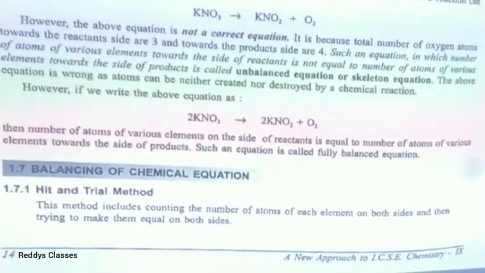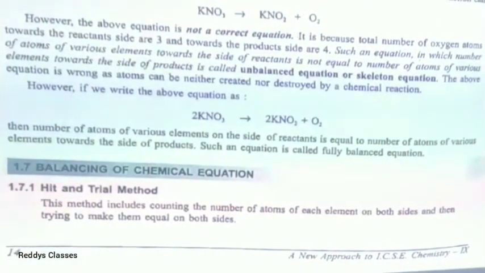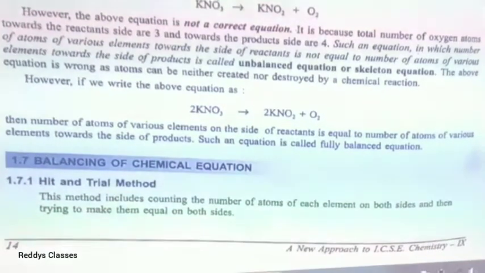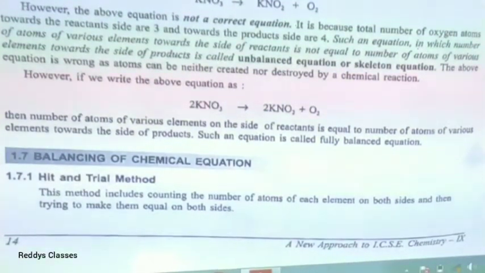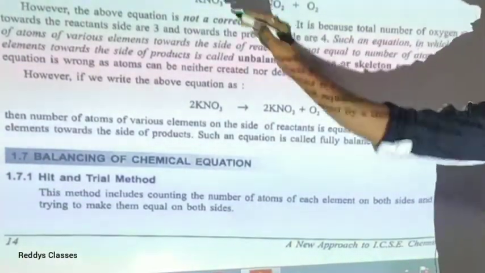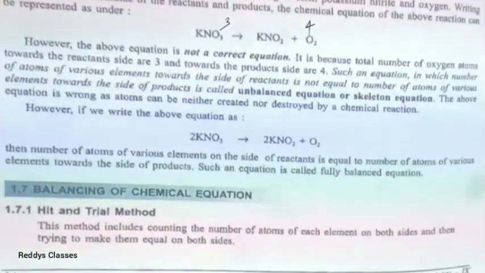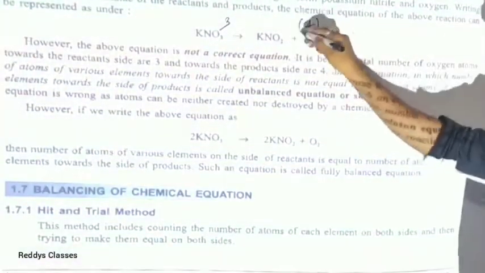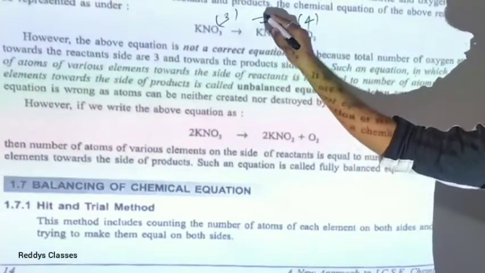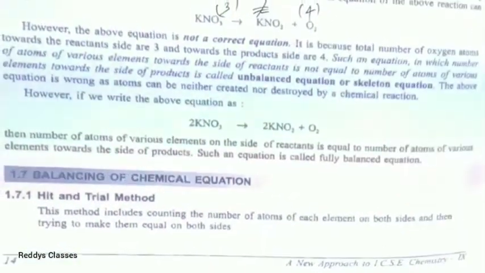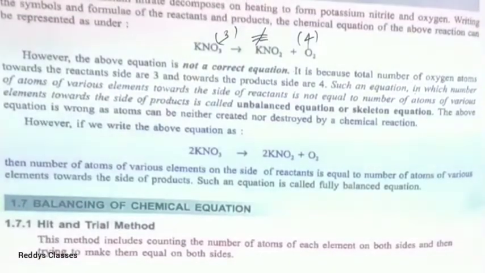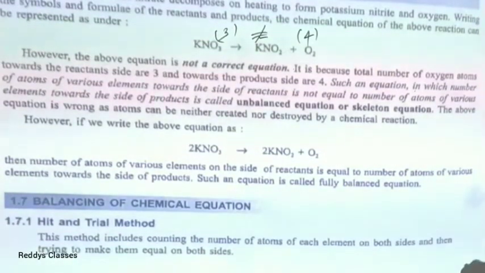Such an equation in which the number of atoms of various elements towards the side of the reactant is not equal to the number of atoms of the various elements towards the side of the product is known as an unbalanced equation. Oxygen has 3 atoms. Here on the product side it has 4 atoms. You can see they are not equal. Hence it is known as an unbalanced equation or skeleton equation.